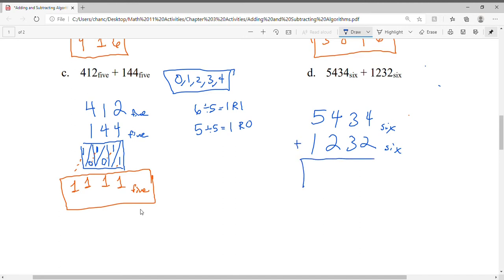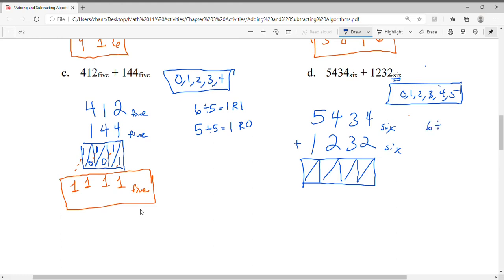Again, we'll draw a rectangle divided by 4 rectangles and then our diagonals. This is base 6. The only symbols are 0, 1, 2, 3, 4, 5. So let's add 4 plus 2. That's 6, but 6 does not exist, base 6.